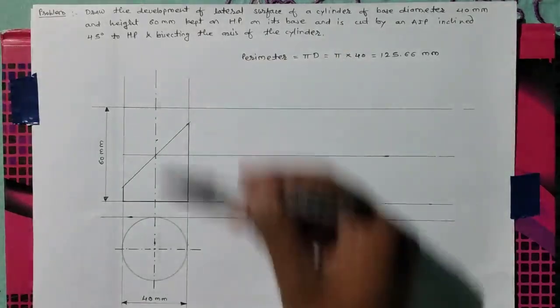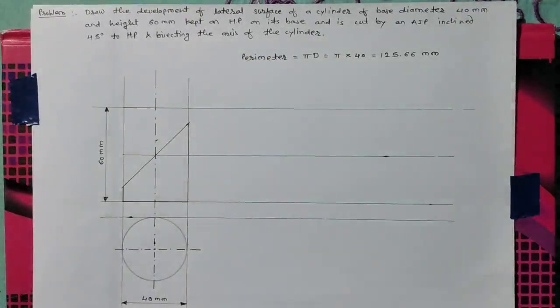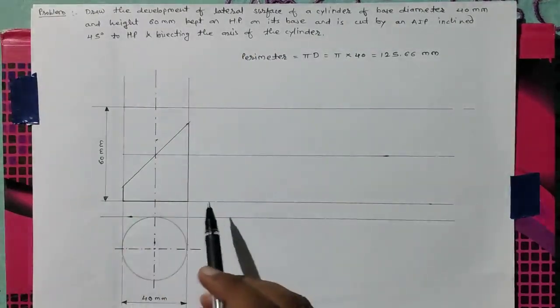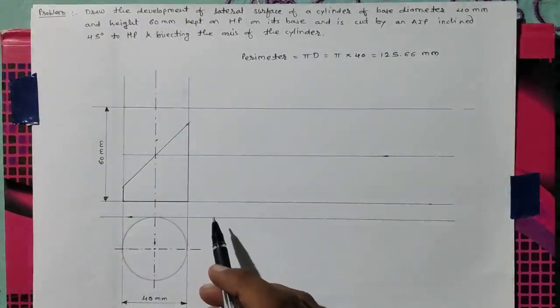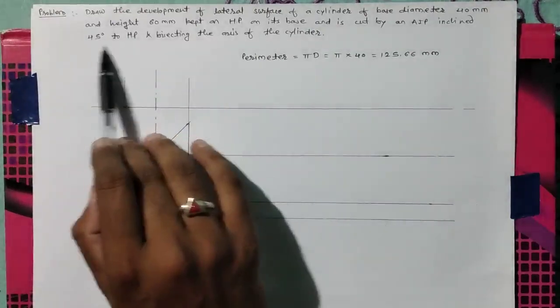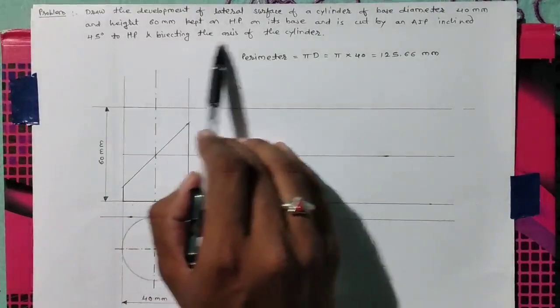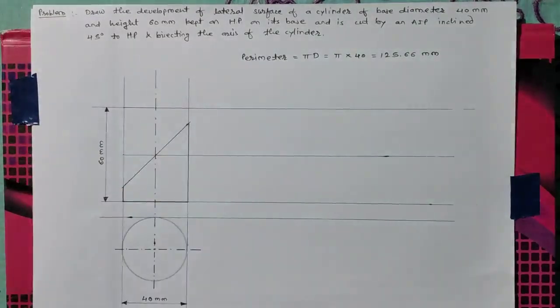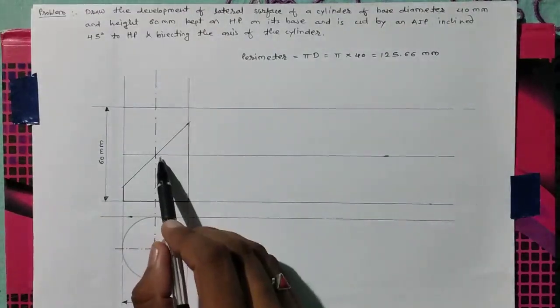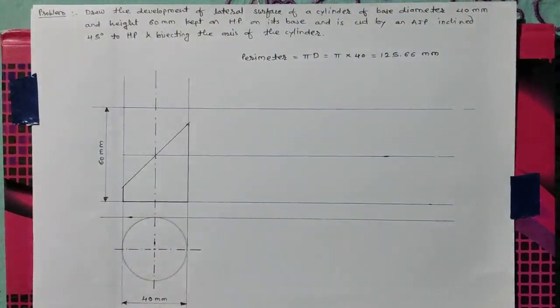This center line indicates the axis of the cylinder. The plane cutting the cylinder is at 45 degrees to HP and bisecting the axis of the cylinder. Bisecting means it's dividing the axis into two equal parts.